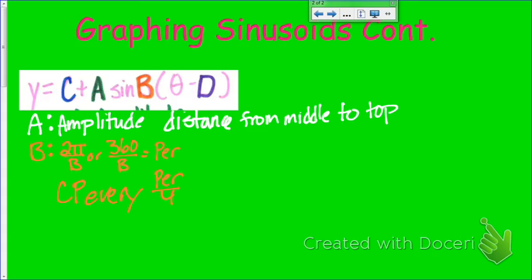So the next 2 transformations we haven't seen yet, but they're very similar to what you learned in Algebra 2. The first one we're going to look at is C. If you remember from Algebra 2, if I had a number I added or subtracted to the outside of that function, that's a vertical shift. It's going to move my function up or down. Specifically with this, what it's going to help us figure out is the location of the sinusoidal axis.